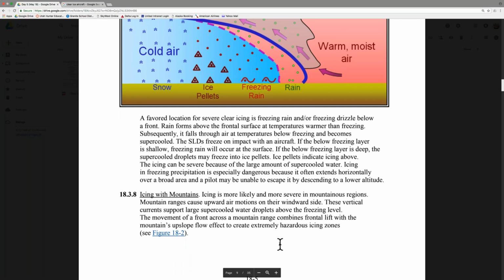So as far as being able to dispatch into certain precipitation types, that's going to be published or determined by the airline that you're flying with and the aircraft.